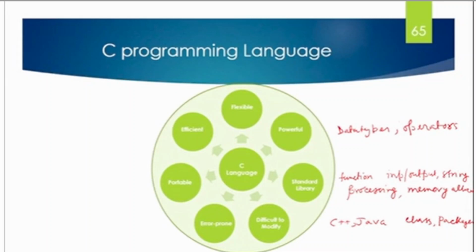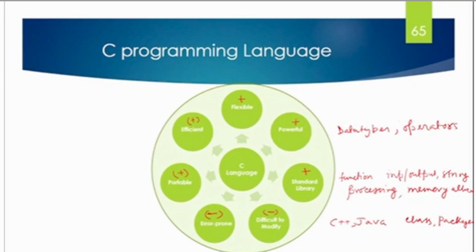So if you look into all these properties, there are a few properties like flexibility, powerful, standard library, these are all advantages. Difficult to modify is a negative, a disadvantage, sorry. Error prone is also a disadvantage, portability is an advantage, and efficiency is also an advantage. And in fact we are seeing here every feature of C is not good.